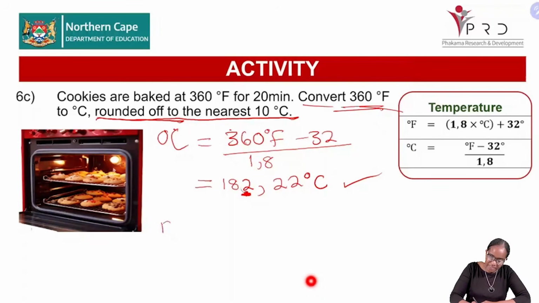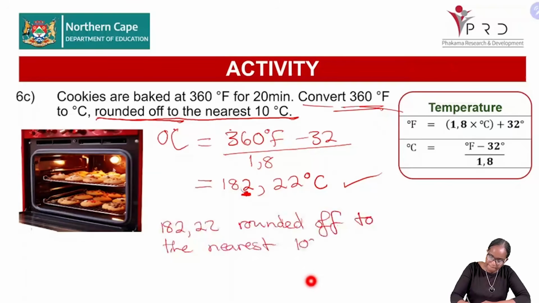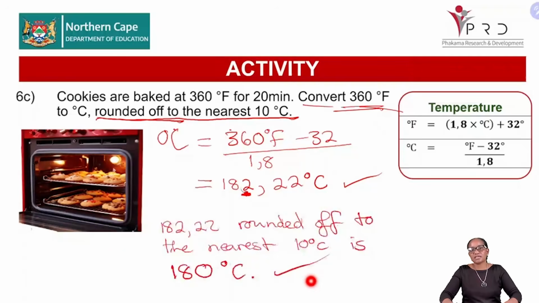So our 182.22 rounded off to the nearest 10 is 180 degrees Celsius. That's the second answer.